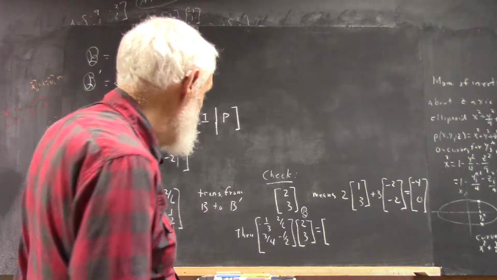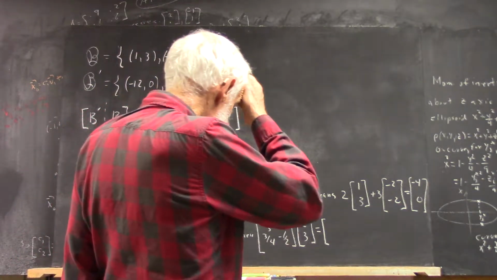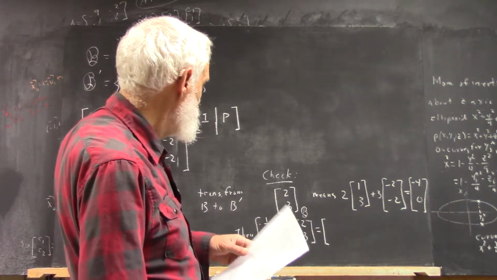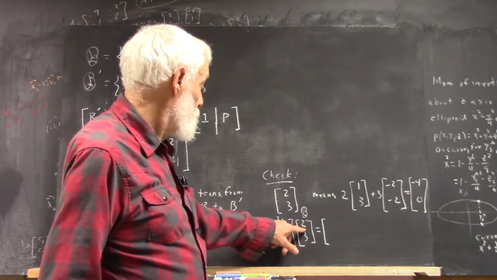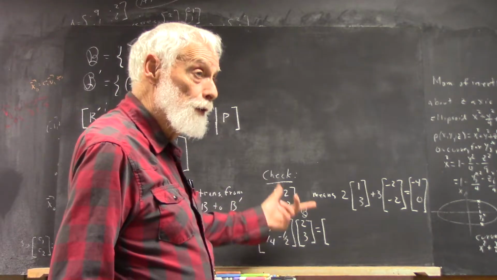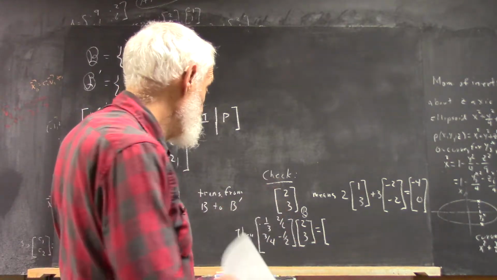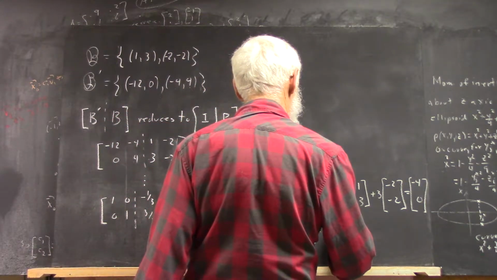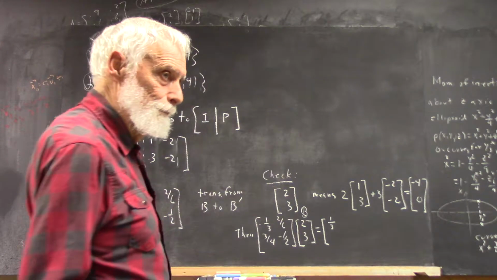I'm abusing notation a little bit, but I'm going to go ahead and do it anyway. So, negative 1/3 times 2 is negative 2/3. 2/6 times 3 is 1. 1 minus 2/3 is 1/3, I think. Okay?